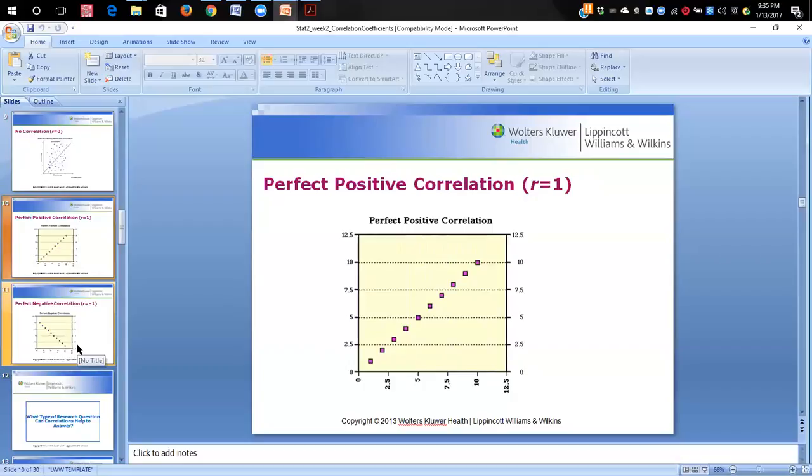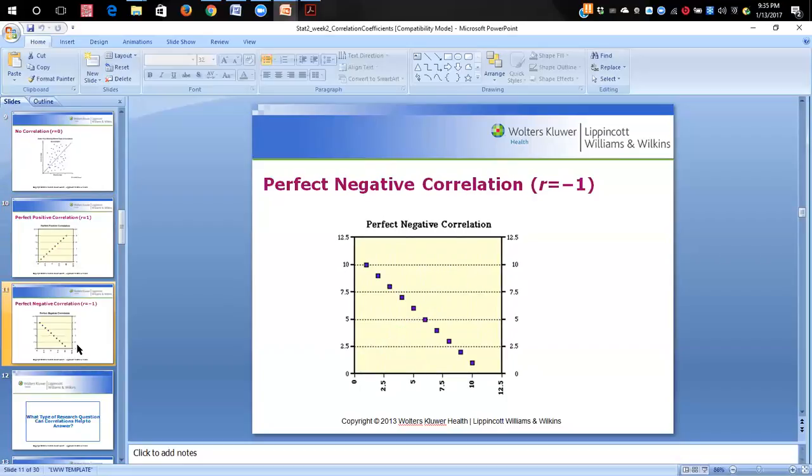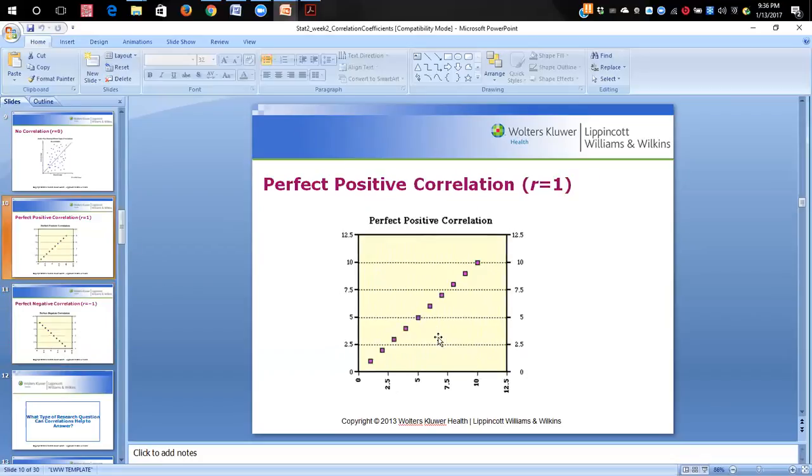In a perfect negative correlation, as your independent variable increases, the dependent variable decreases. So one increases, the other decreases: perfect negative correlation. When one variable increases and the dependent variable also increases, that is your perfect positive correlation.